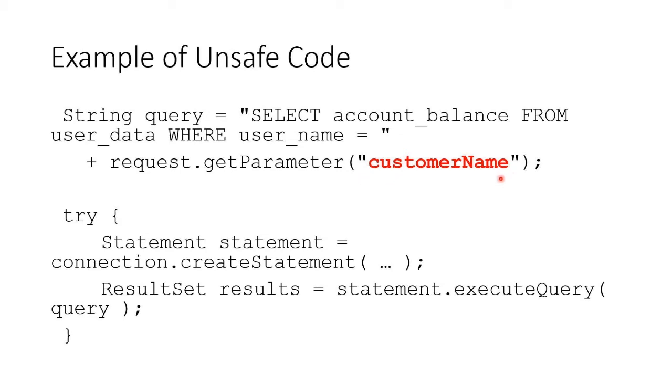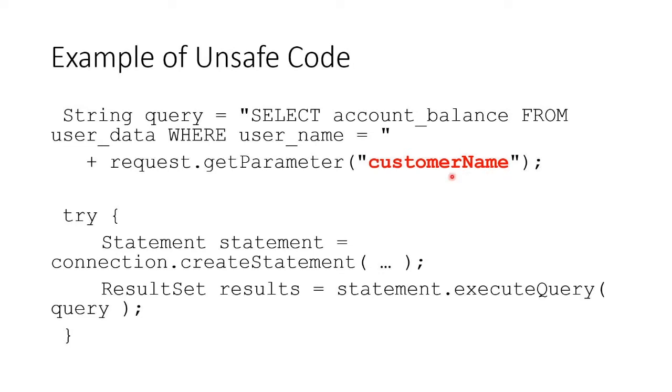Now, here's the rub. Customer name is assumed to be like you see it, customer name. There is nothing in this code that says customer name has to be only letters and a certain length and maybe a couple of extra characters.